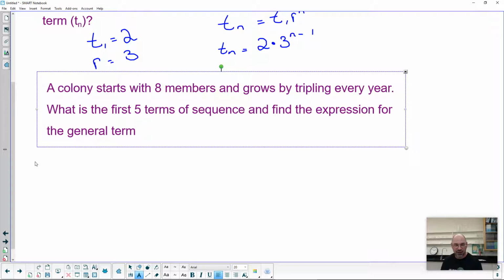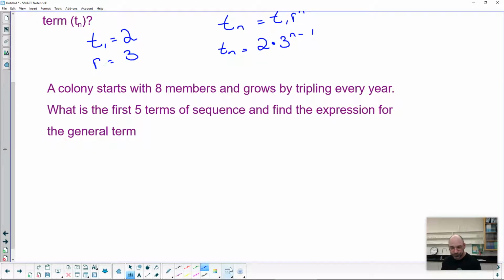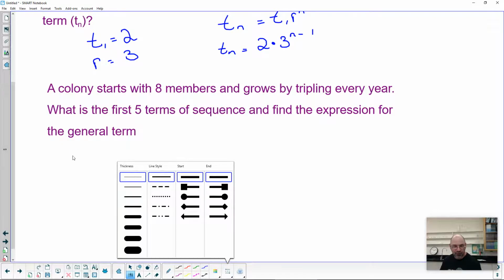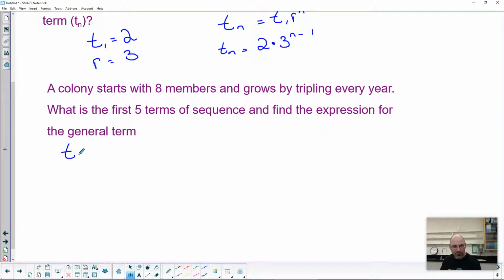It starts with 8 members, so T1 is 8. It grows by tripling every year, so our common multiplication factor, or common ratio, is 3. And what are the first 5 terms of the sequence?